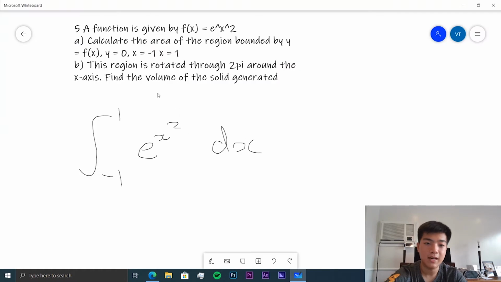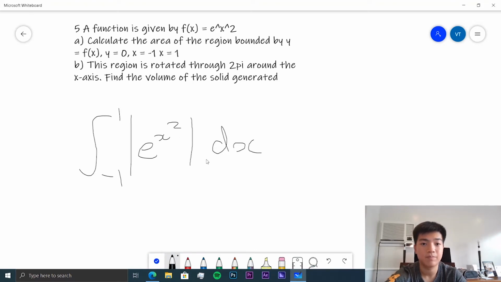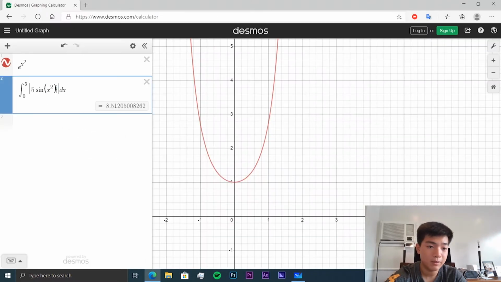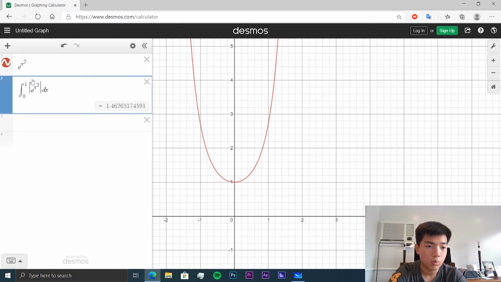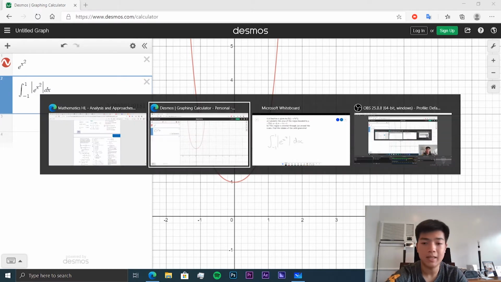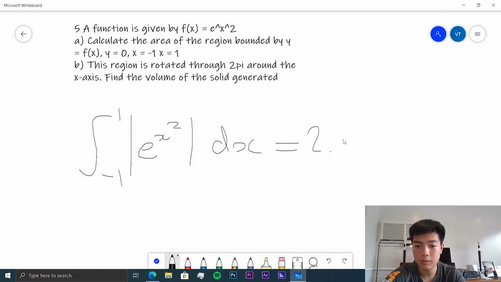We need the region bounded by this integral, or the absolute value of it, between 1 and -1. That's around 2.93.